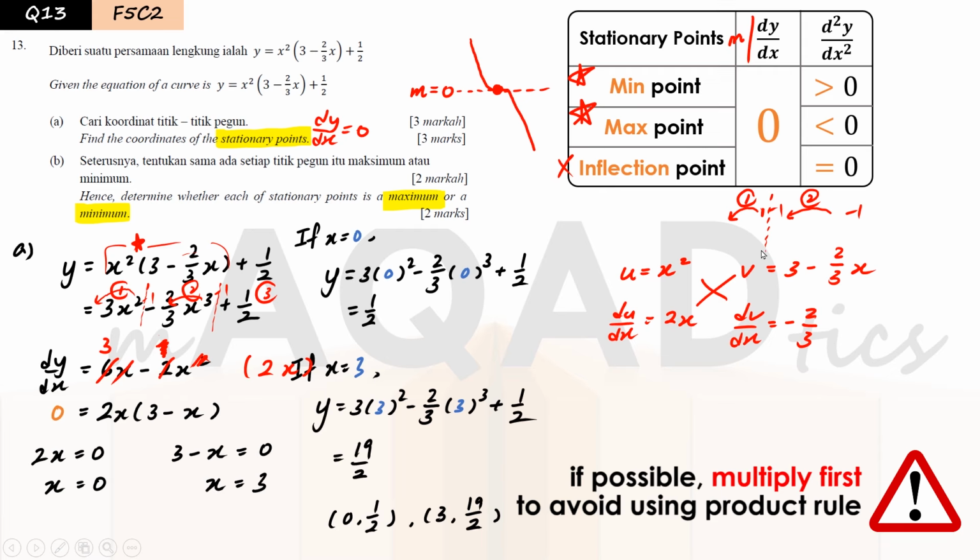Because with the product rule, as you see, there are a lot of steps involved. You need to differentiate two things, then cross multiply and make sure everything is correct. So if the things you need to multiply are not that difficult, please do so, to prevent these kinds of complex calculations.